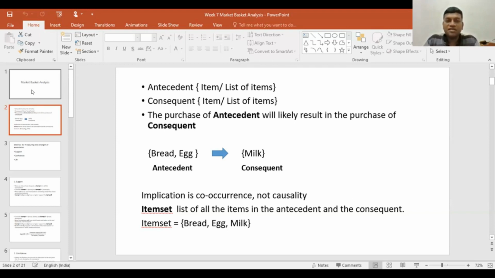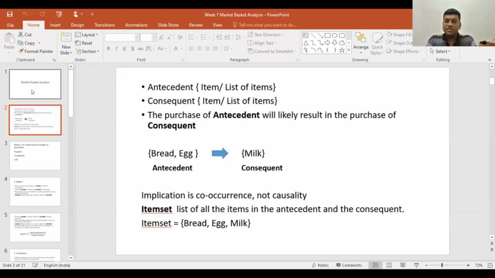Okay, the classical example here, of course, is the bread and egg example. If you buy bread and egg, very likely you could also purchase milk. Again, importantly, the implication is co-occurrence, not causality. It is very likely that they will be consumed together or purchased together. It doesn't mean that this causes that, because mathematicians are very careful about the use of the word causality.